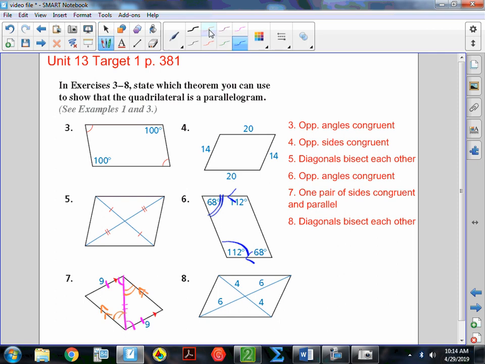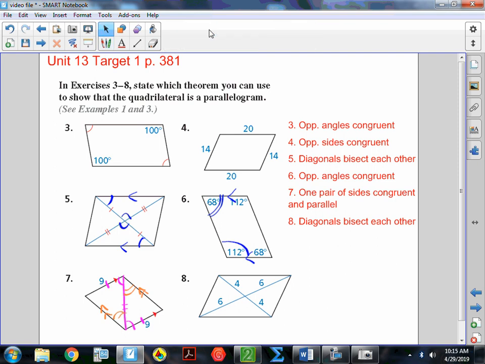Because the diagonals bisect each other, and using maybe vertical angles, like on number 5, you have side angle side. You have these 2 triangles are congruent to each other, the triangle on the top and the triangle on the bottom. So this angle on the top left and this angle on the bottom right are going to be congruent to each other using corresponding parts of congruent triangles, or the definition of congruent triangles. And so then I have parallel sides, and I can do that over and over to show that all of the sides are parallel.